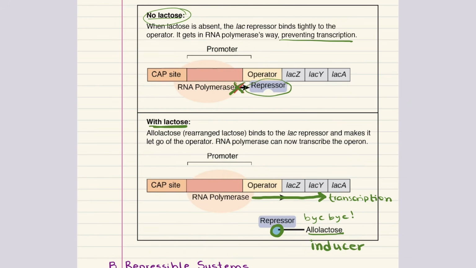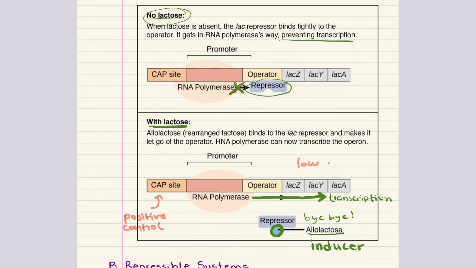Now, in addition to this negative control through the repressor, the lac operon is also regulated through a positive control mechanism. This involves a protein called catabolite activator protein, or CAP, the CAP protein. This is going to help enhance transcription, but it only becomes active when glucose levels are low.